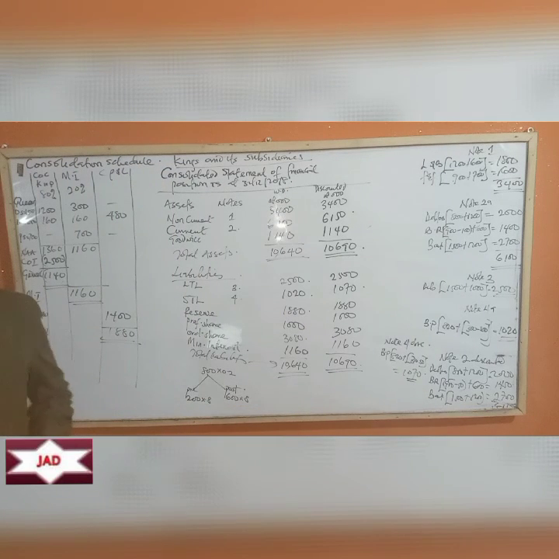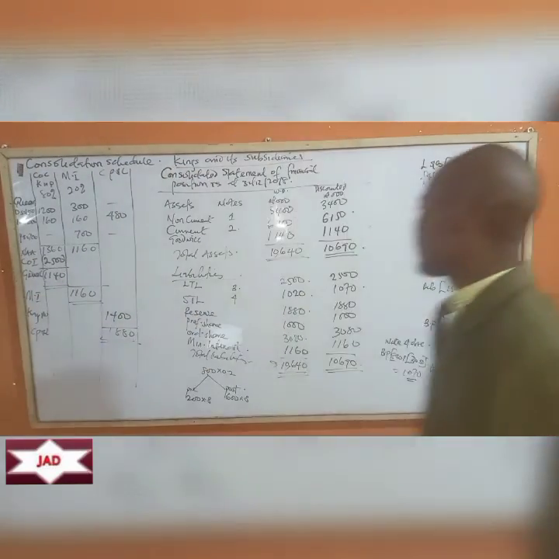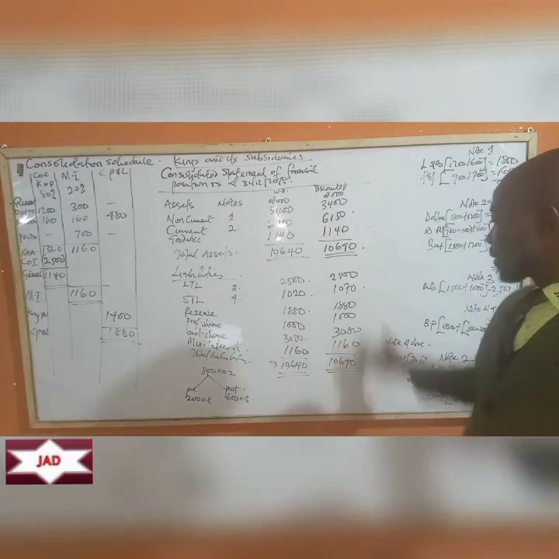Okay, let me check. 10,690. Yeah, assets tally. We have total liabilities here to be 10,690, total assets 10,690. So this is for the discounted part of it.